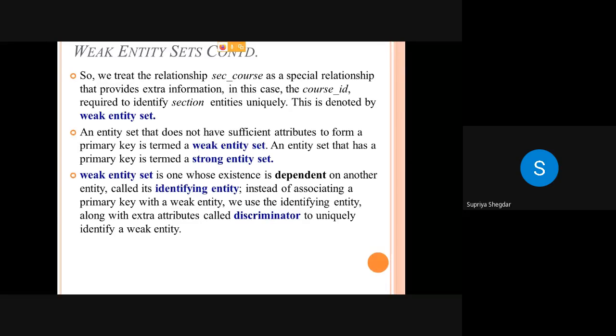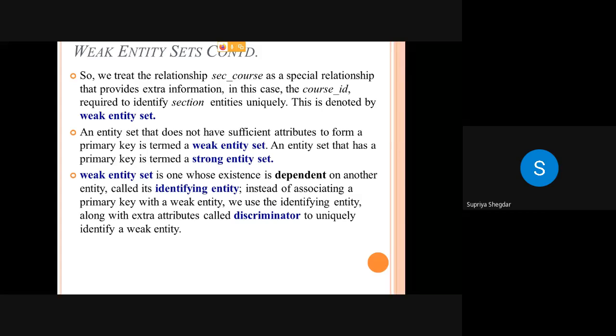Okay, so weak entity set means what? An entity set that does not have sufficient attributes to form a primary key is called a weak entity set. Means in the weak entity set, the primary key is missing. In a particular entity set, if the sufficient attributes are not present to form a primary key, then that entity set is called a weak entity set.